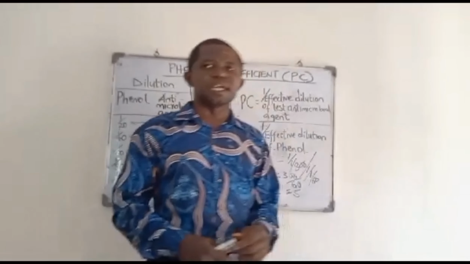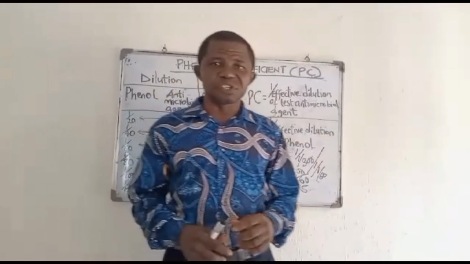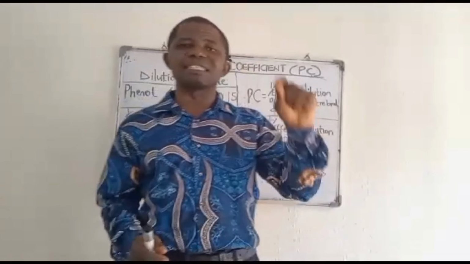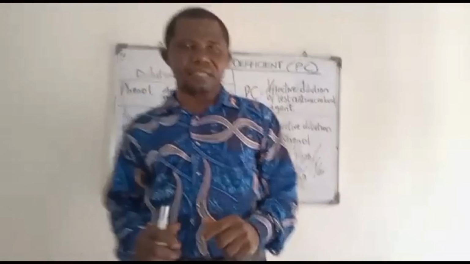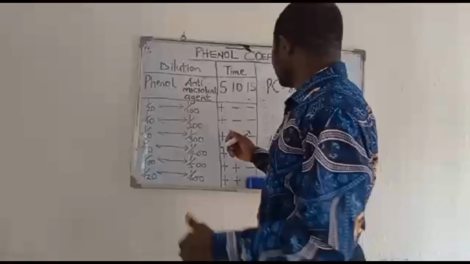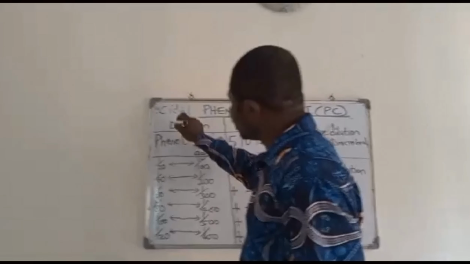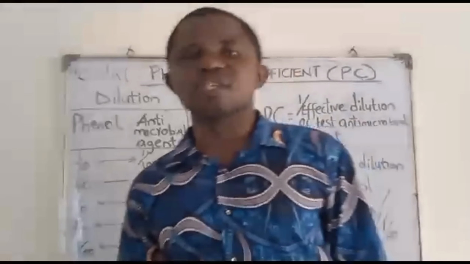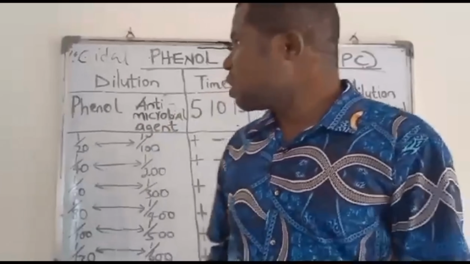We want to say here that phenol coefficient is an assay that is only valid for bactericidal agents and not bacteriostatic agents. What do you mean by bactericidal? The word bactericidal means cide, and cide means killing. Bacteriostasis means inhibition, retardation, decrease.